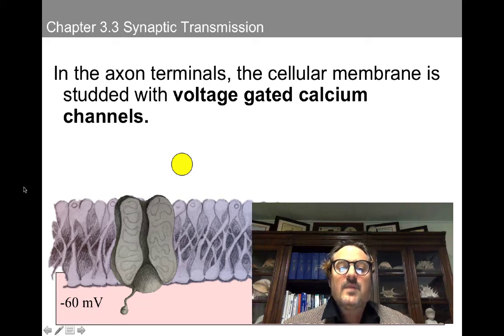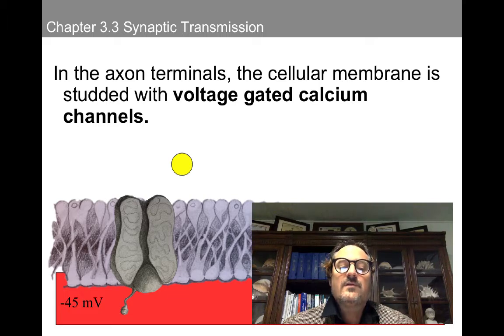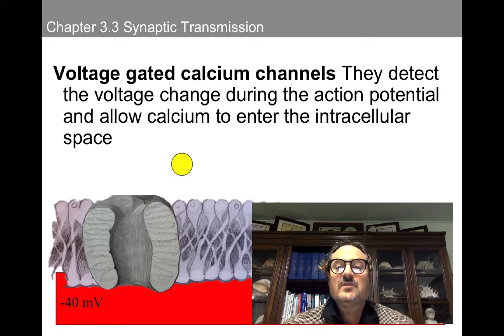But whenever an action potential occurs, and if we look down at the lower left-sided corner, we can see that the electrical potential of this neuron is changing. It's having an action potential. Whenever we finally reach negative 40 millivolts, which is going to be the action potential, this voltage-gated calcium channel opens.